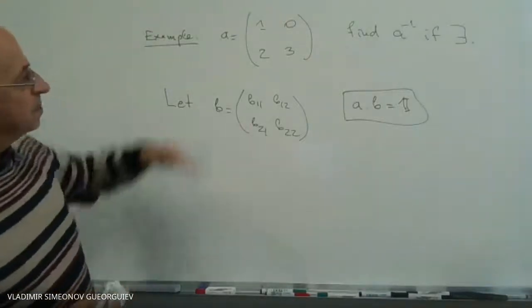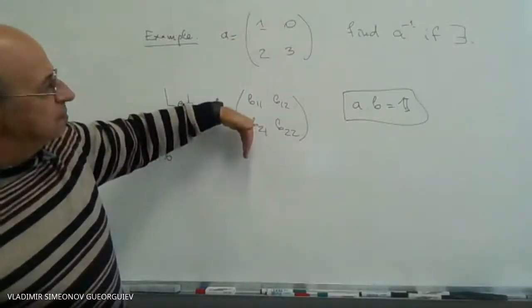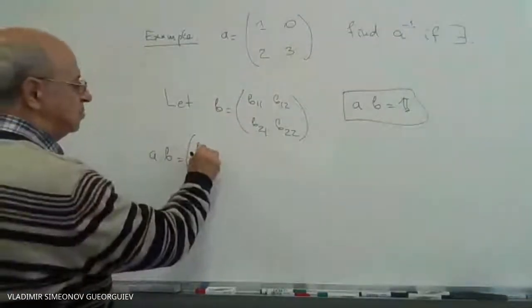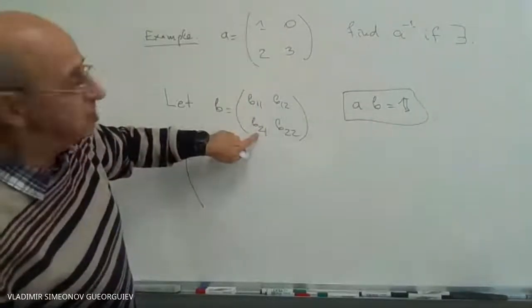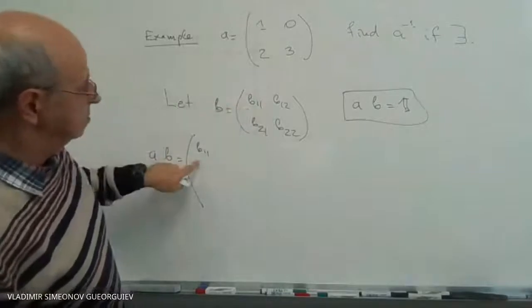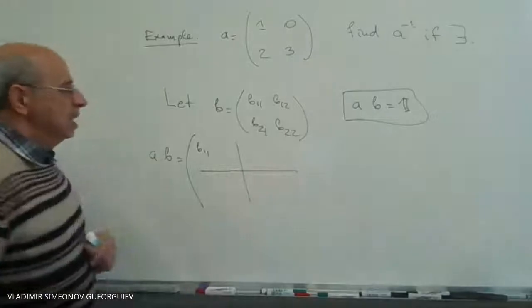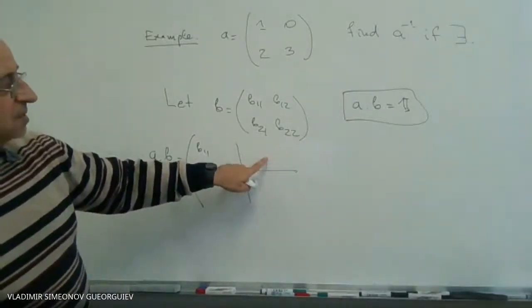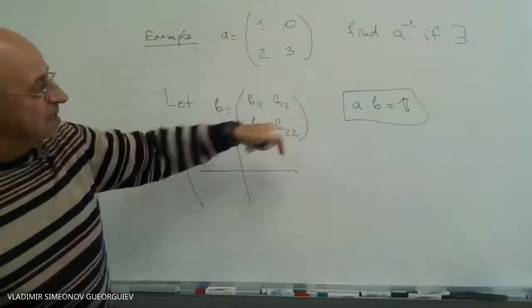So what was the rule? Take the first row by the first column. Compute: this by this. Of course, this is B11, because 0 times B21 is 0, and 1 times B11 remains B11, giving only this entry. Let us try to find this element. What does this element mean? This means always the first row by the second column.